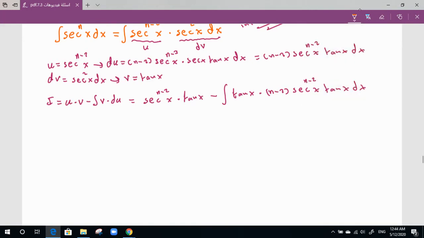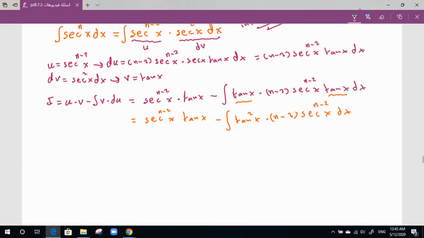Now if I look here, I have tan x times tan x, which means tan square x. So secant to the power n minus 2 x tan x minus the integral of tan square x times n minus 2 times secant n minus 2 x dx.